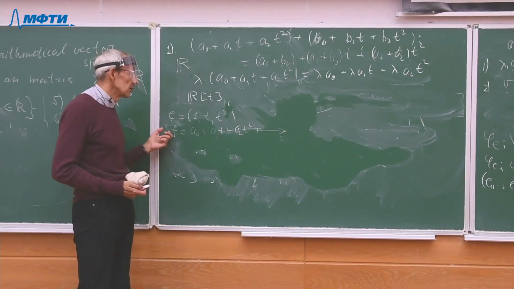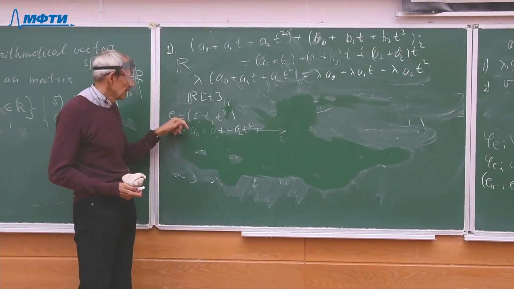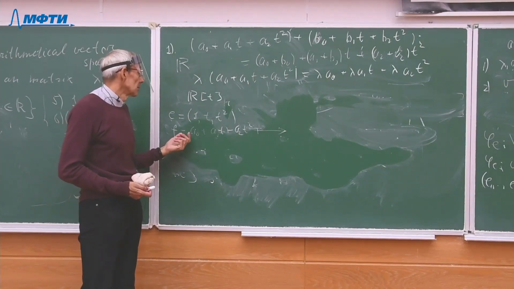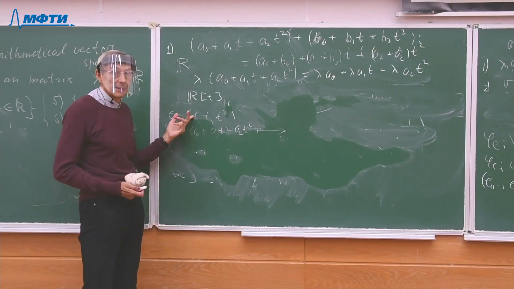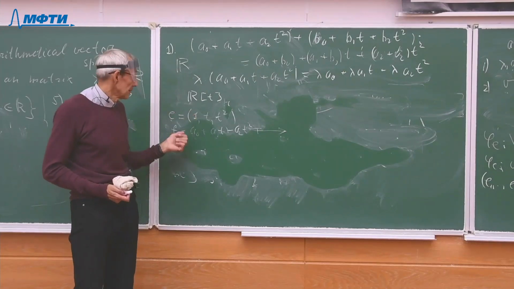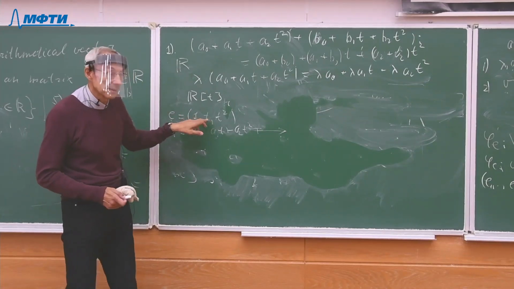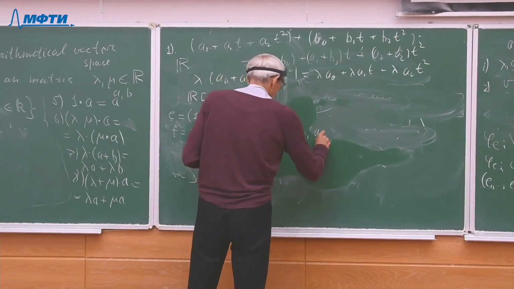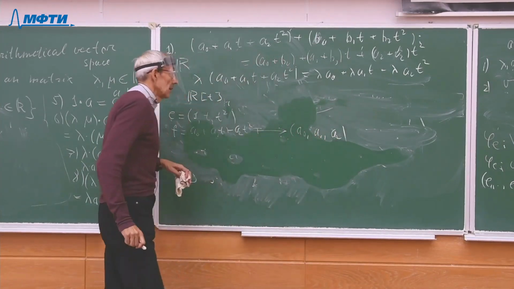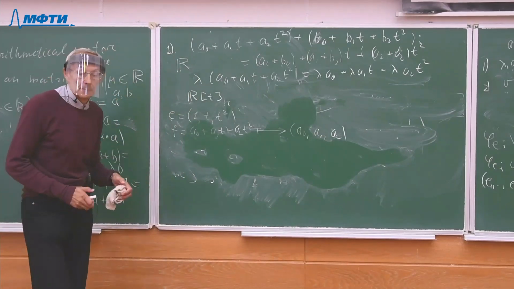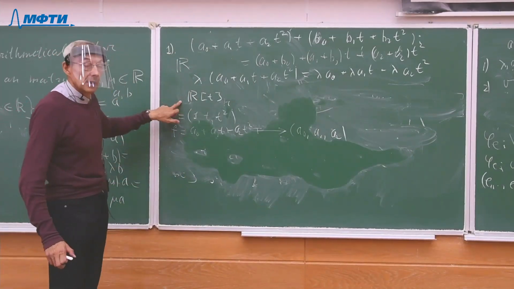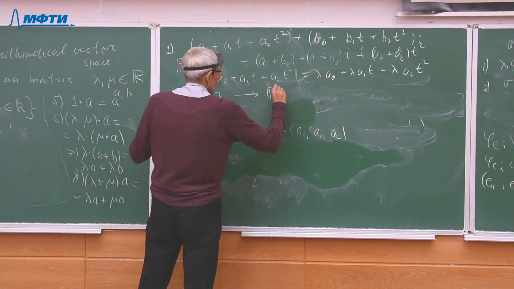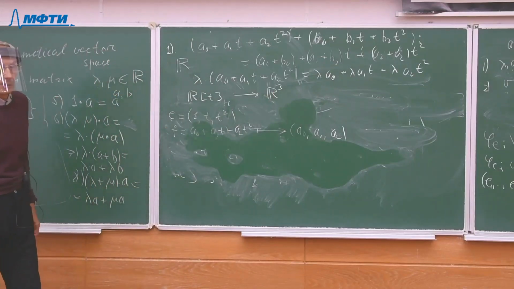You consider this polynomial as a vector of this vector space, and these coefficients become the coordinates of the vector in this basis, and I obtain a mapping from this vector space to the coordinate vector space R3.